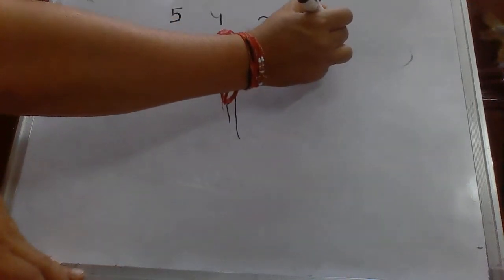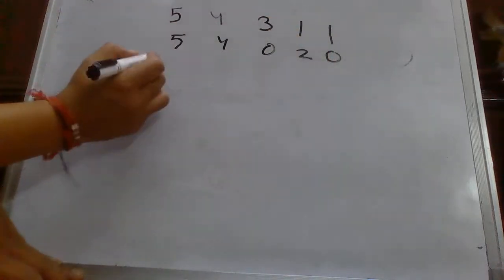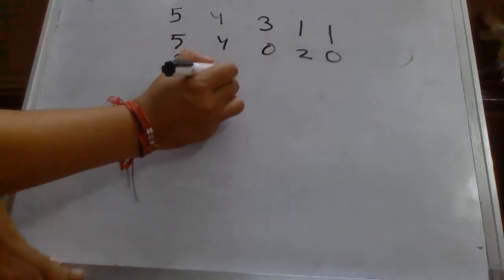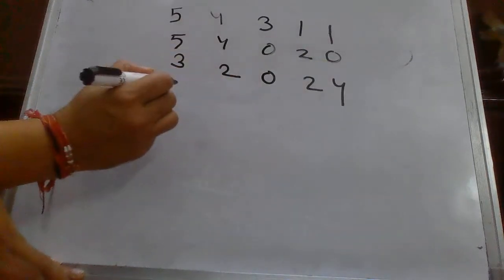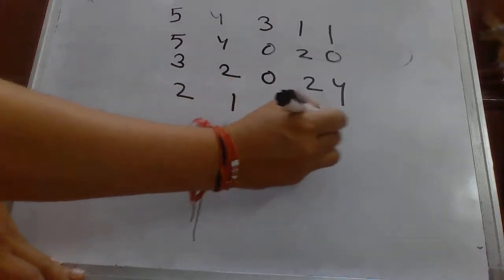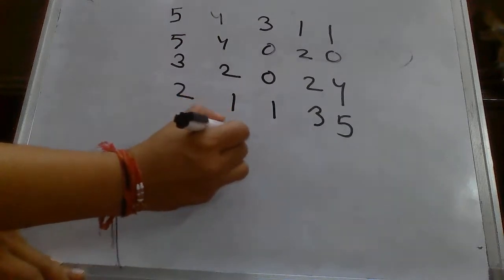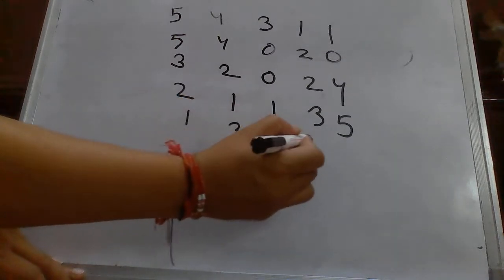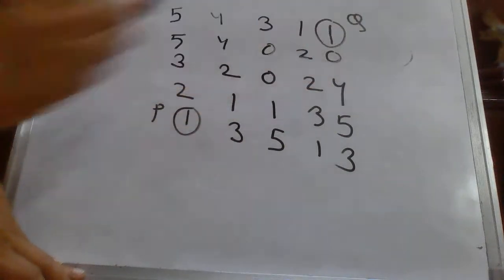Let's say one more 1 is there, then 0. Again 3, 2, 0, 2, 4 is given. And then 2, 1, 1, 3, 5. And the last row is 1, 3, 5, 1, 3. This is my P pixel and this is my Q pixel.